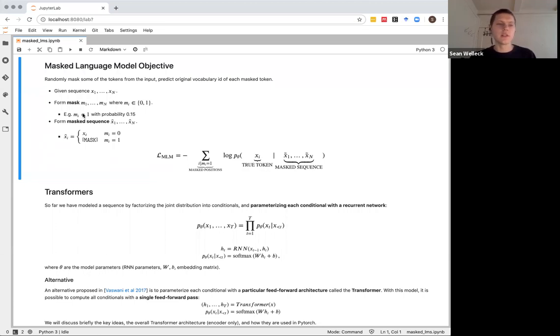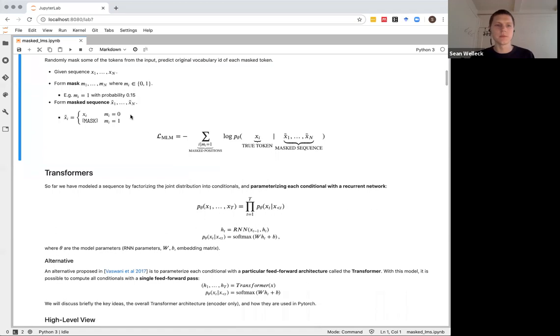And so, for instance, we'll look at details below. You could imagine masking out, for instance, 15% of tokens at random. Okay, so now you're going to have this new input where some of the tokens are the original tokens, and some are this mask token. So this new input sequence.